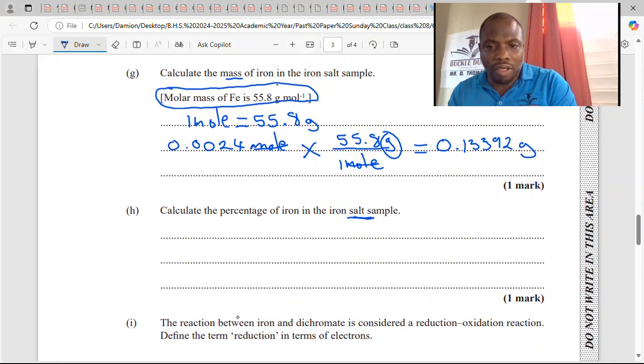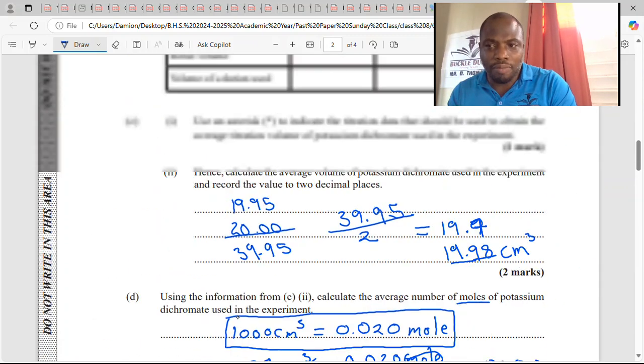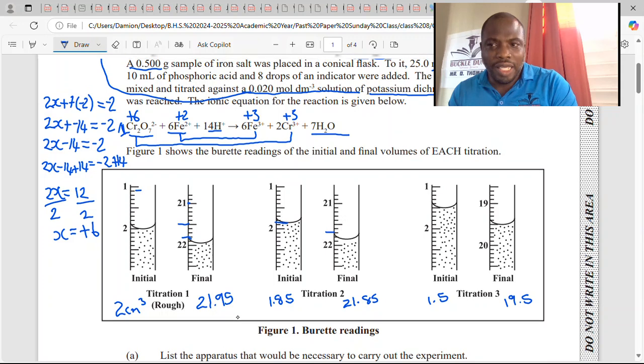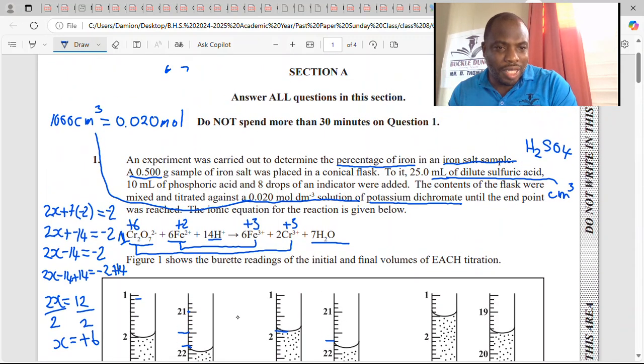But if you look back, let's go way back, to the initial part of the question, see it here? The iron salt sample, the entire thing was 0.500 gram.